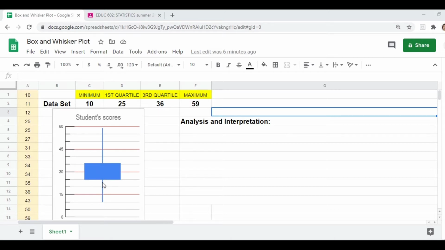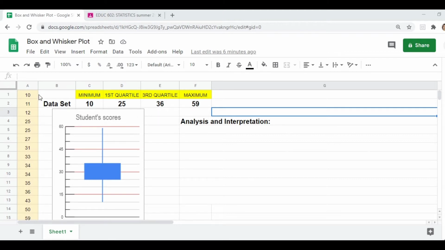So this blue line here, the lower whisker, represents the 25% of the distribution, while the entire blue rectangle represents the 50% of the distribution, while the upper whisker represents the 25% of the distribution. So if we add 25 plus 50 plus 25, that is 100%.